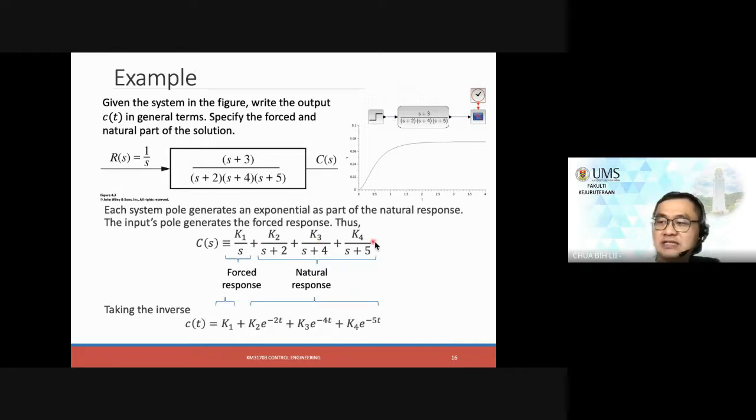Then you would see this format, and immediately you would see that the forced response is due to this 1 over s, corresponding to the constant, whereas the rest correspond to the exponential terms. If this is plus 2 then it becomes minus 2, plus 4 becomes minus 4 and so on. If you have 10 of these, then you have 10 exponential responses accumulated together.